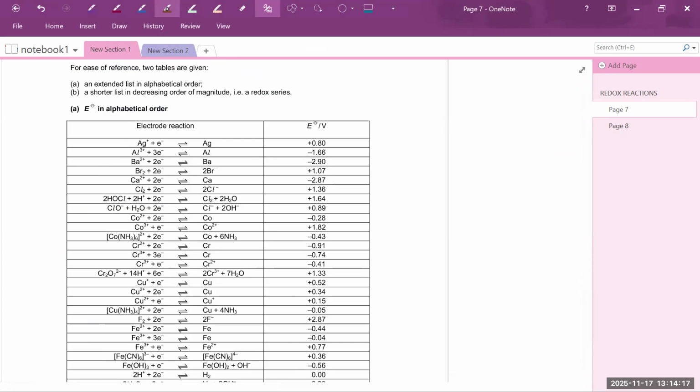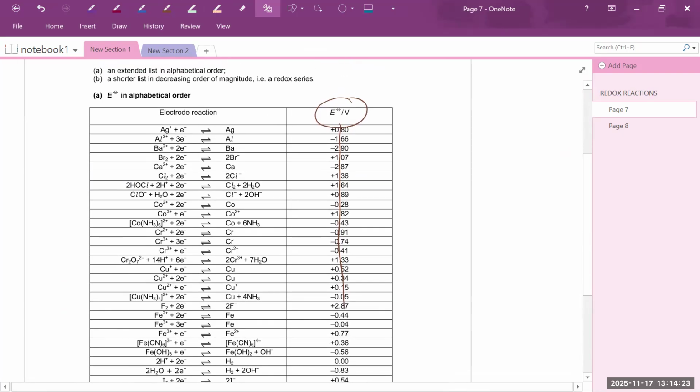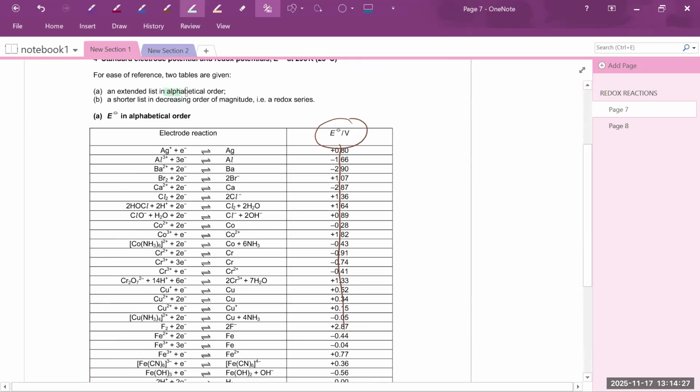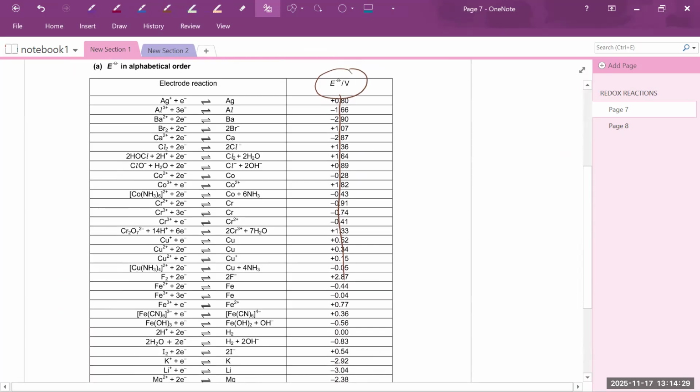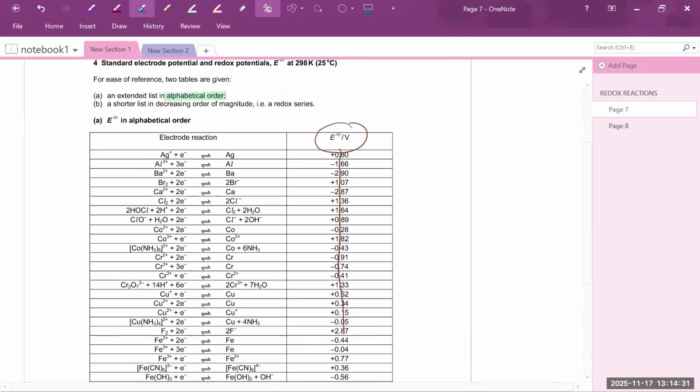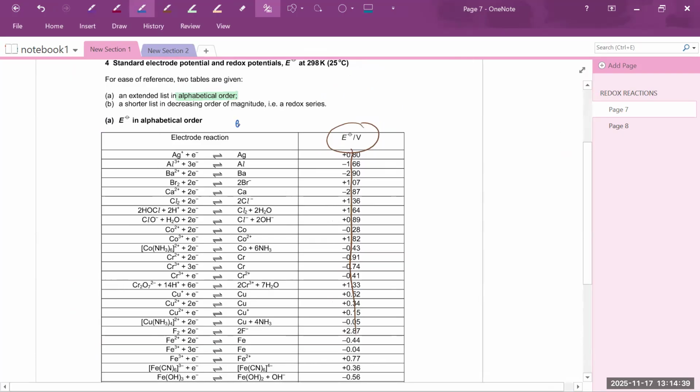So you don't need to concern yourself with these values. These are for A2. Now here in the data booklet, everything is given in alphabetical order, as you can see, and also everything is given in reduction form. For example, you can see all these electrons, they're getting gained, they're being added. So everything is given in reduction form.